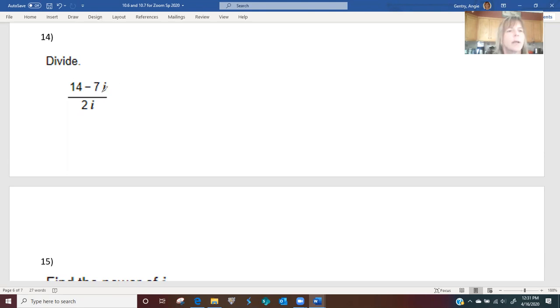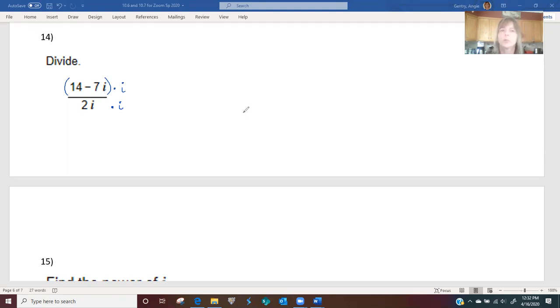No? Well, okay, let's look at it. I need to create a denominator that does not have an i. Yes, you could multiply this thing by 2i, but why don't I just multiply it by i? This is how I do it. Some people say, I'm just going to multiply it by itself.